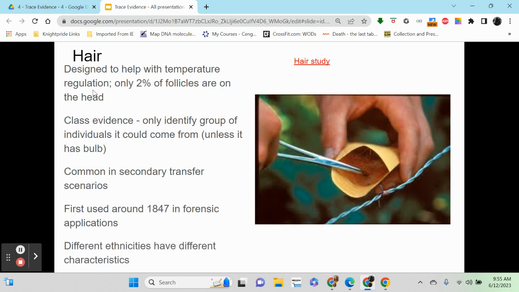Now, one of the things that we're going to look at only a little bit, and I say that because if you go back and look at this hair study, they do a really nice job of showing you the differences that exist between Caucasian, Mongoloid, and Negroid hairs, which is really interesting just in terms of shapes, but also when you look at the medulla, that middle portion of the hair.